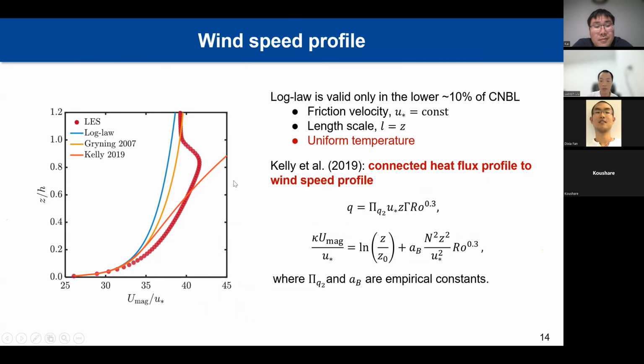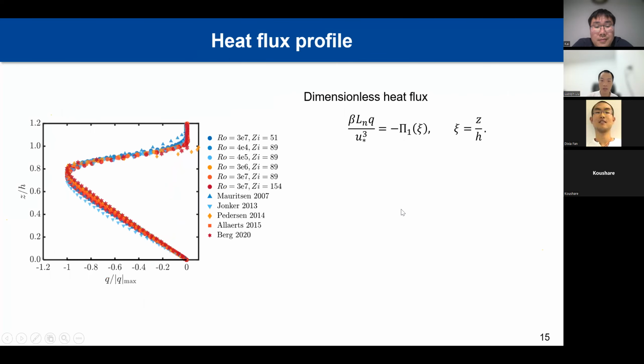So why would this happen? We think it's because they made a very crude assumption about the heat flux: they assumed the heat flux is a linear profile. Actually, the heat flux profile is not linear.